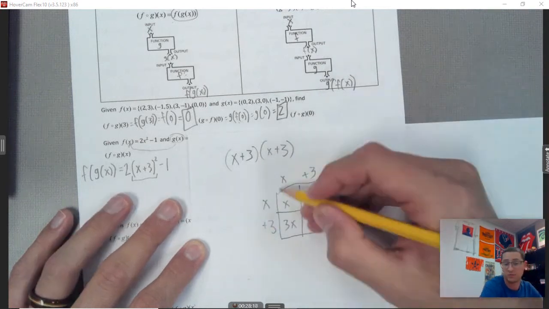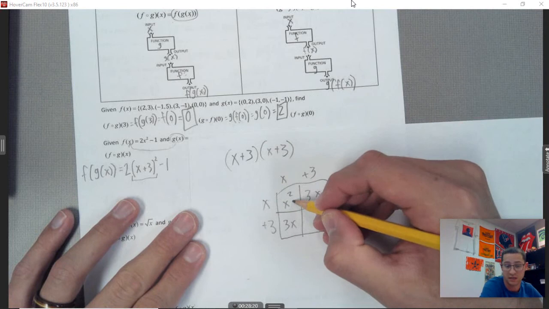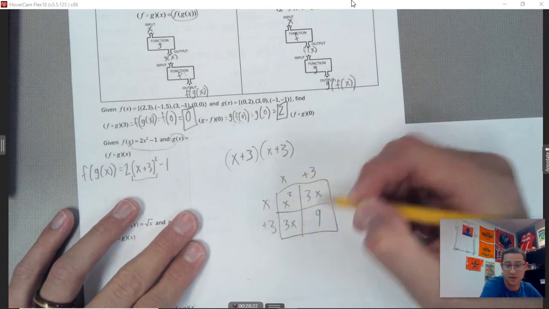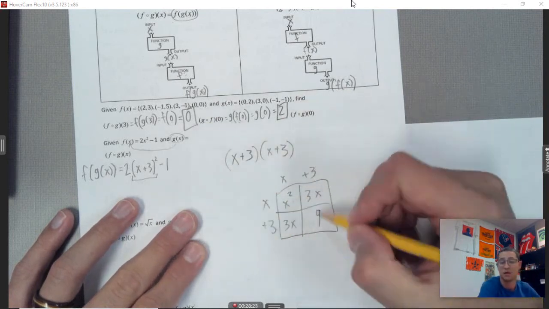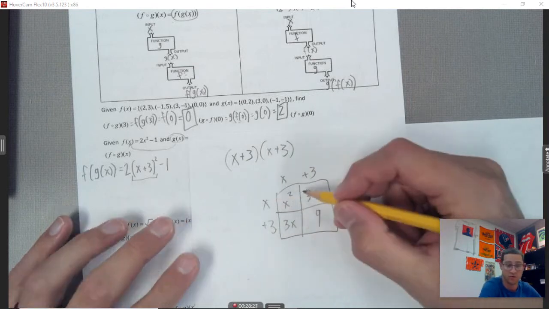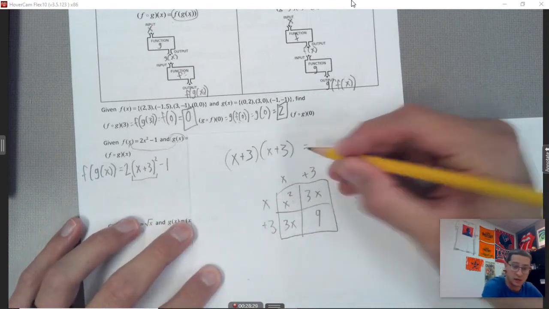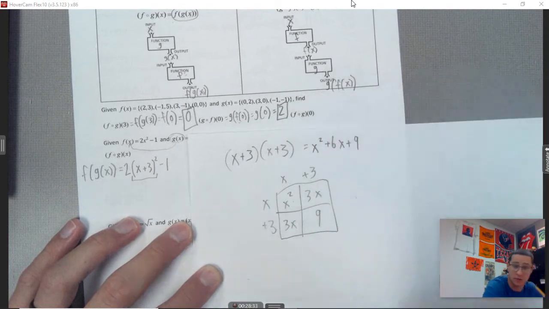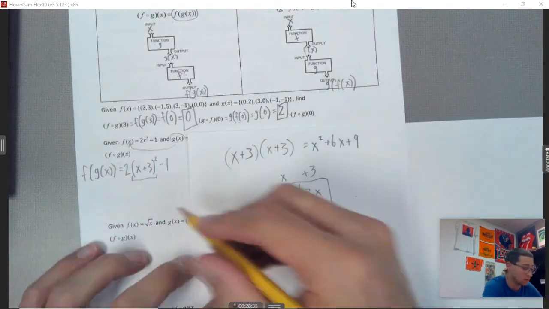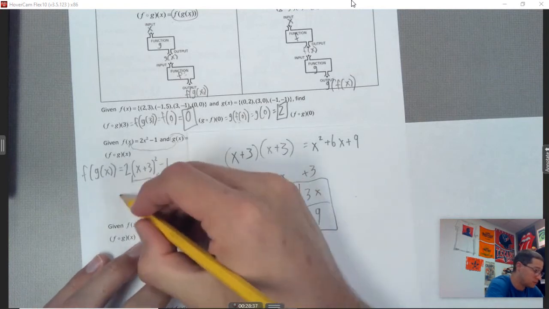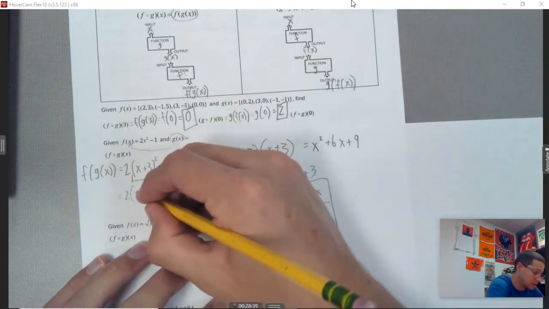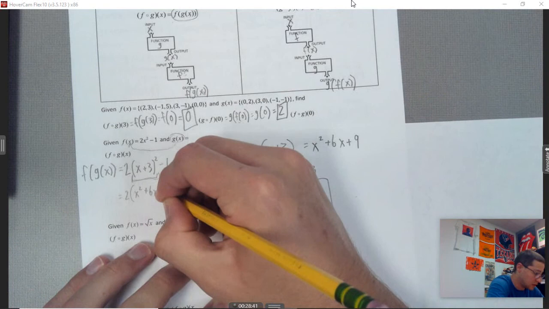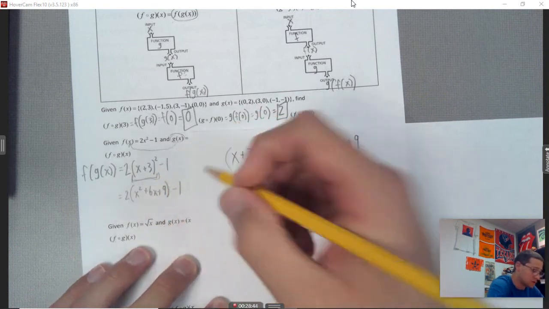Remember, all I'm doing is multiplying each of these, so x times x gets me this, x times 3 gets me 3x, and then after that I add them. So for all of that, we get x squared plus 6x plus 9. That's what I'm going to rewrite here. So 2 times that, x squared plus 6x plus 9, and then minus 1.